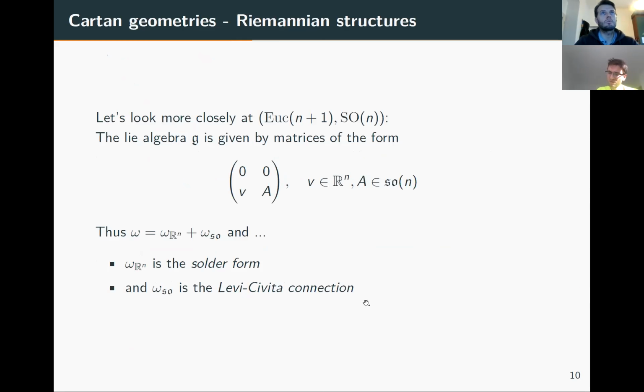So maybe we should look more closely at this Riemannian case to see how it actually works. The Lie algebra of G, where G is the Euclidean group on R^n, can be given by matrices of this form, right? You look at the affine group on R^n, and you realize this affine group by these matrices.